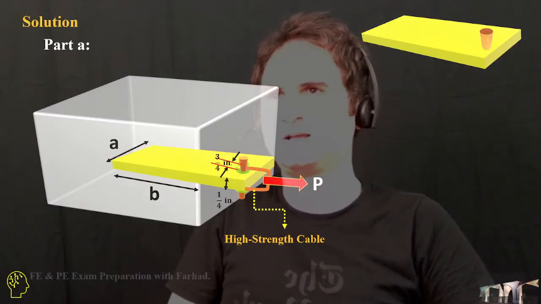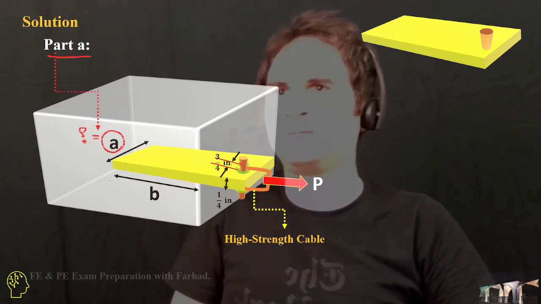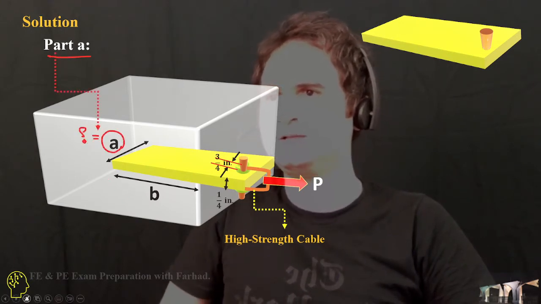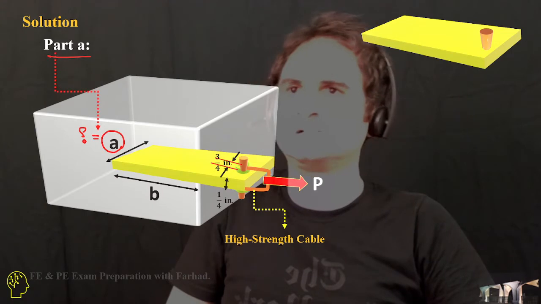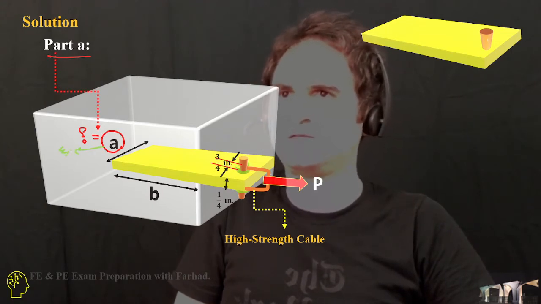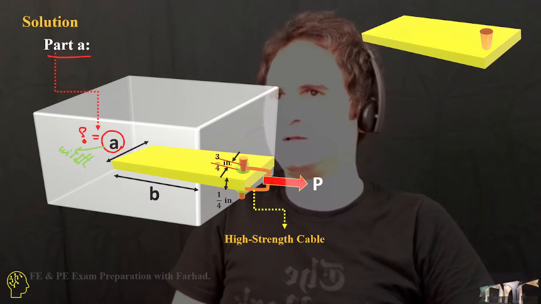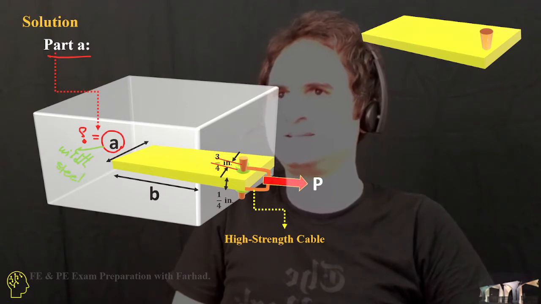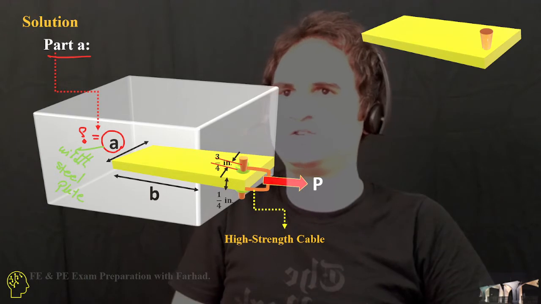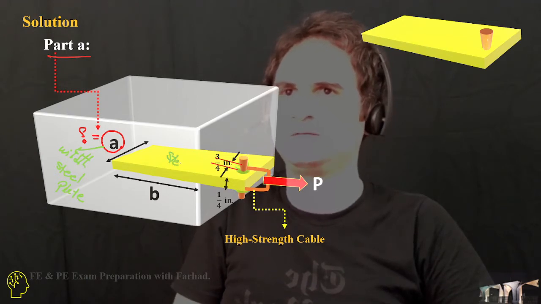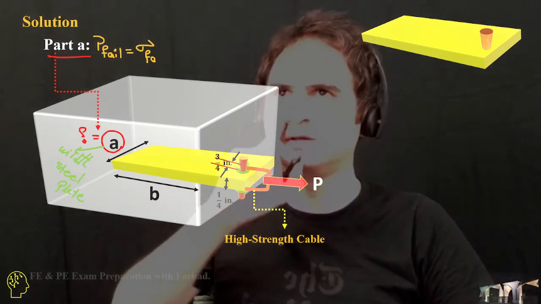For part A, we want to know what A is, the width of the steel plate inside the concrete.